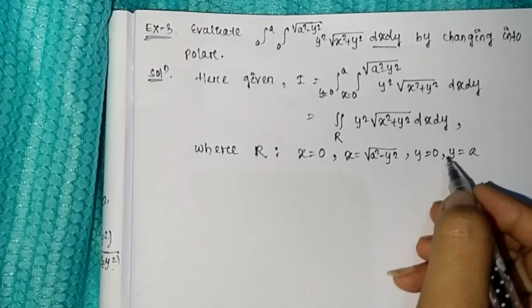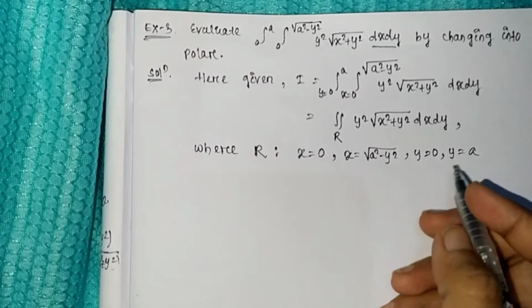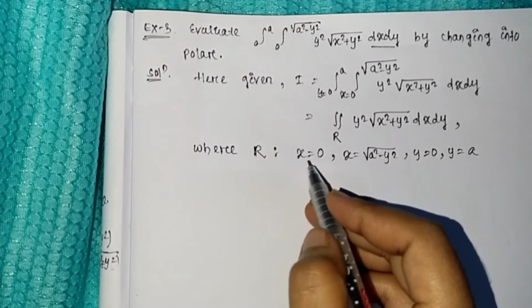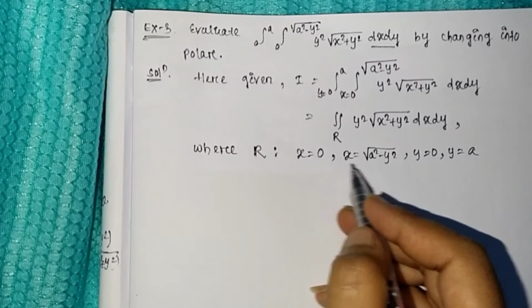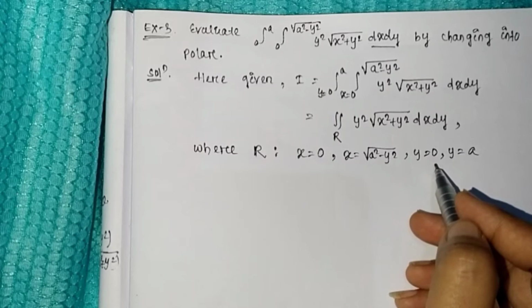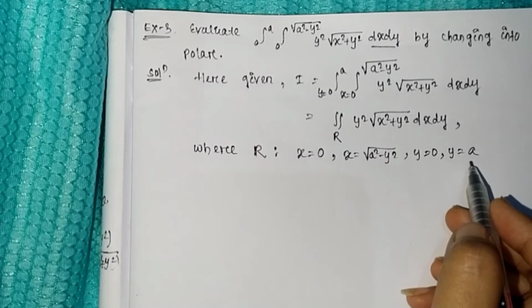First we draw the diagram in x and y. So x equal to 0 is our y axis, y equal to 0 is our x axis, and y equal to a is a line parallel to the x axis.